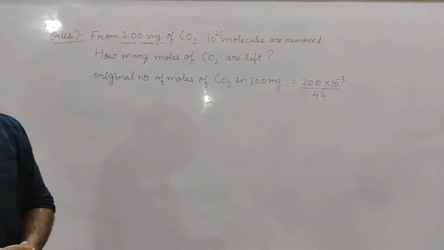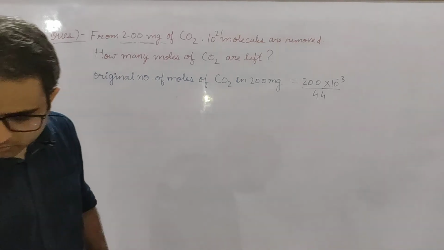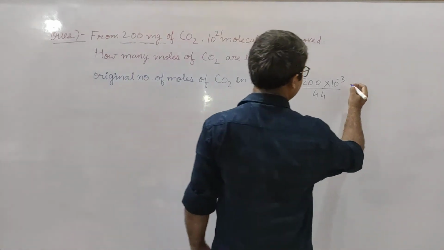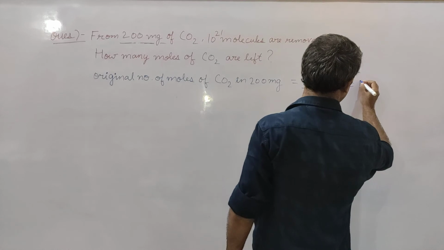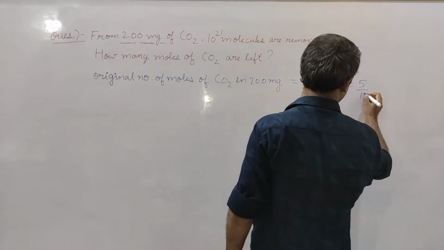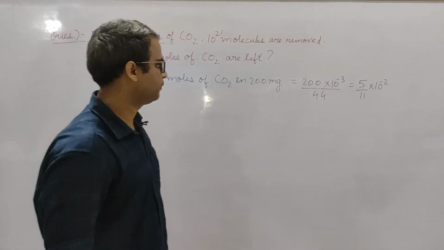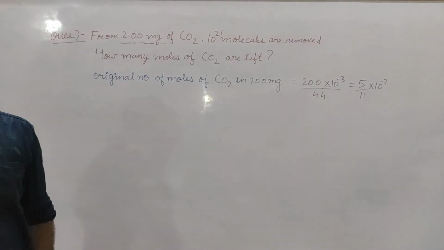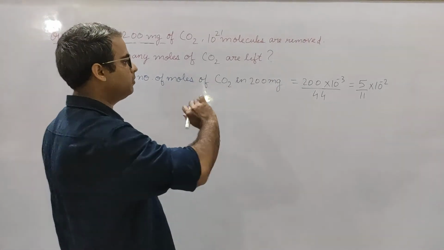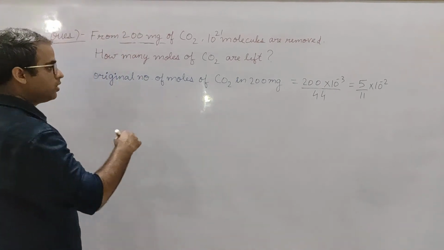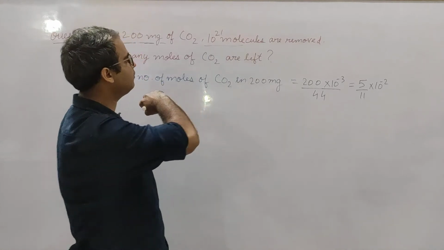Now if you solve this, this will come to 5 upon 11 into 10 to the power minus 2 moles. So the original number of moles of CO2 in 200 mg will be 5 upon 11 into 10 to the power minus 2 moles.